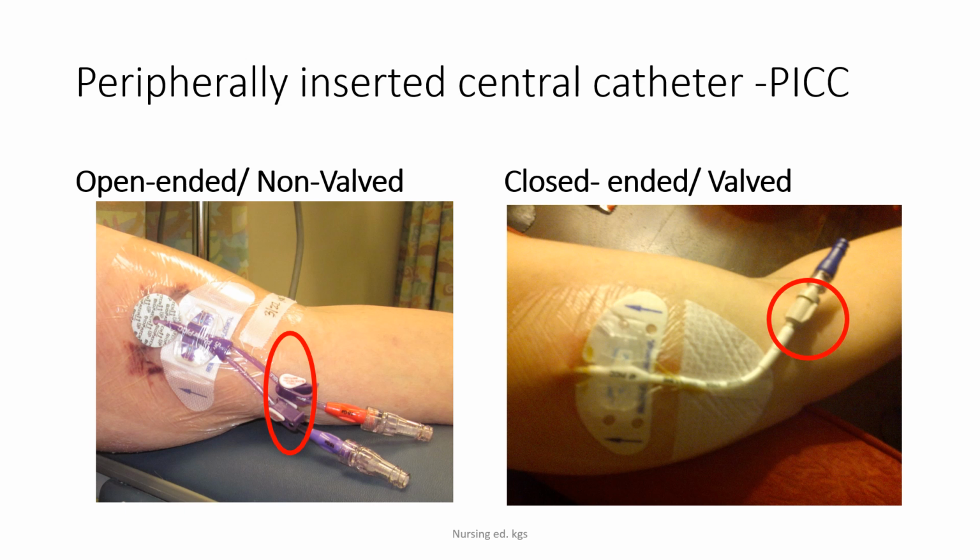Peripherally inserted central catheters, or PICCs, are available as single lumen PICC, double lumen PICC, triple lumen PICC, and then they are further classified as valved and non-valved. The valved portion refers to the presence or absence of a clamp. Open-ended or non-valved PICCs have clamps, as you can see here, and closed-ended or valved PICCs do not have clamps.